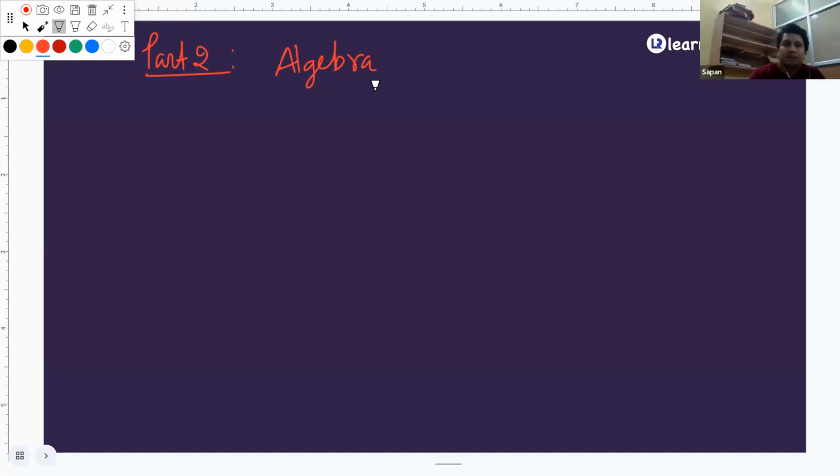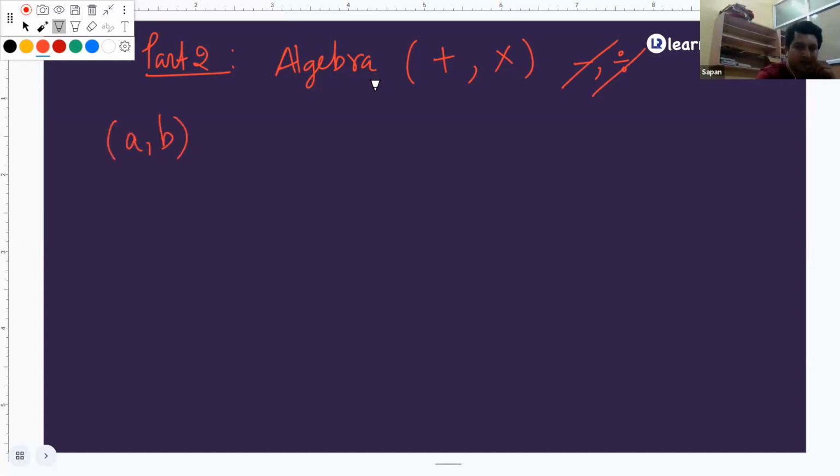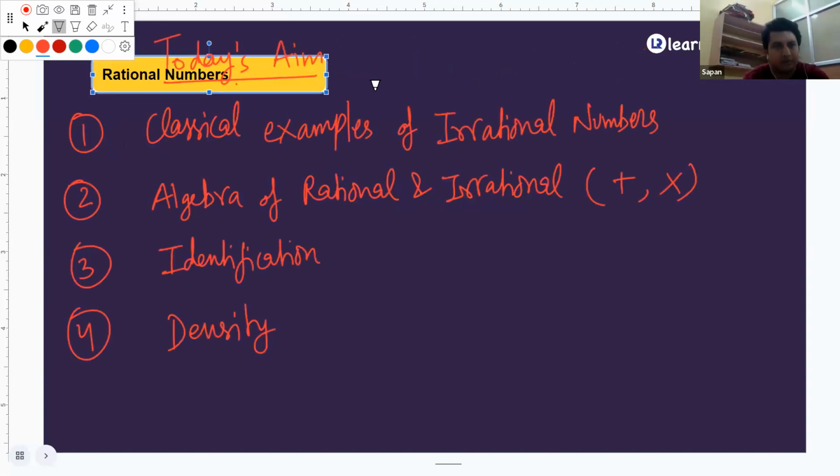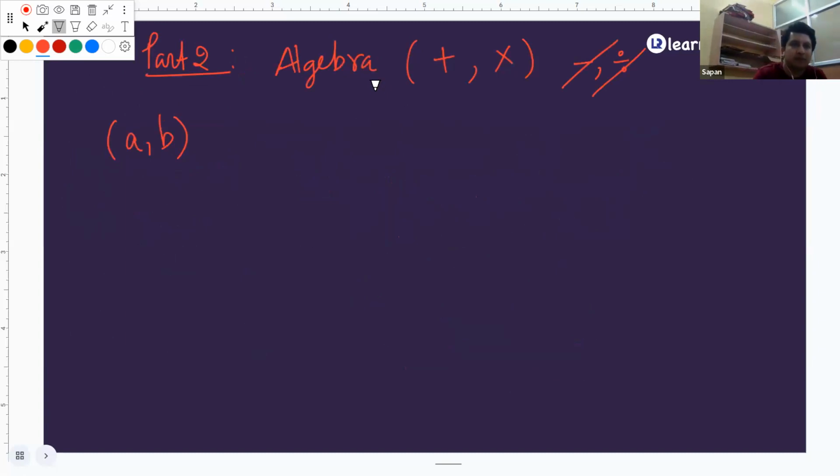So algebra means I want to look at addition and multiplication. Although there are two other operations, subtraction and division, we don't see them now. So if I have any two numbers, A and B, first of all, because we are studying rational and irrational numbers, I can have four types of pairings.